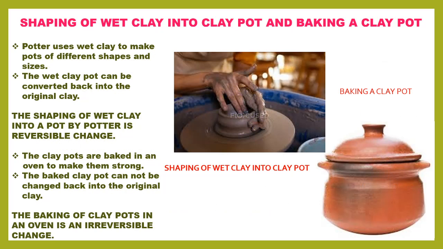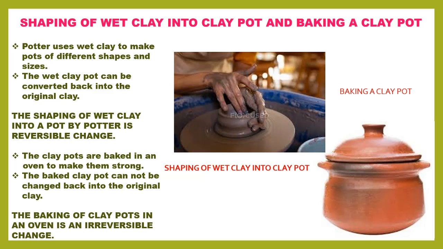The next experiment we can also do with the shaping of wet clay into a clay pot or baking a clay pot. Now, a potter uses wet clay with a pottery wheel in order to make different shaped items.